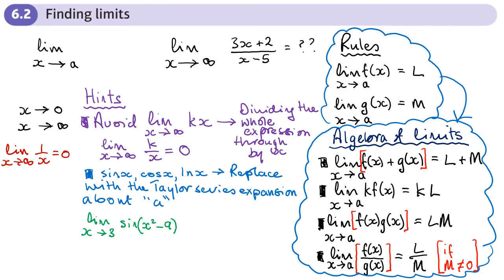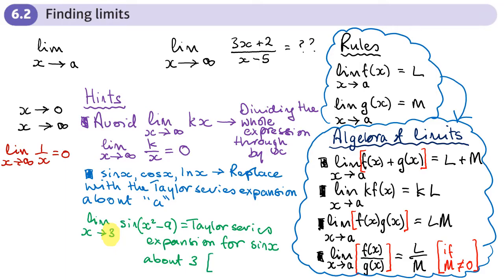We can actually write that as a Taylor expansion of sine about 3. So we do it about the limit that we're trying to get to. So I'll just write that down. Here we're going to write the Taylor series expansion for sine x about 3. So we know that in a Taylor series expansion, A is going to be 3.